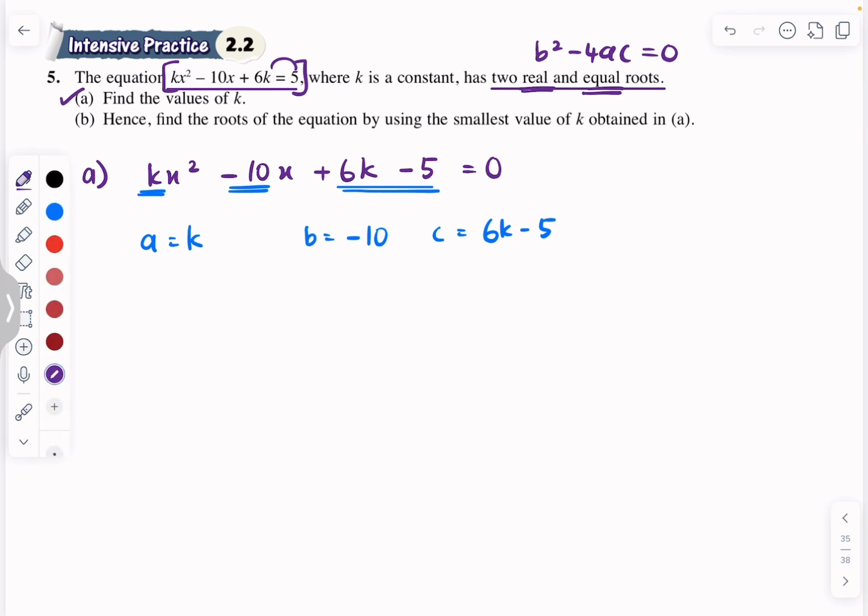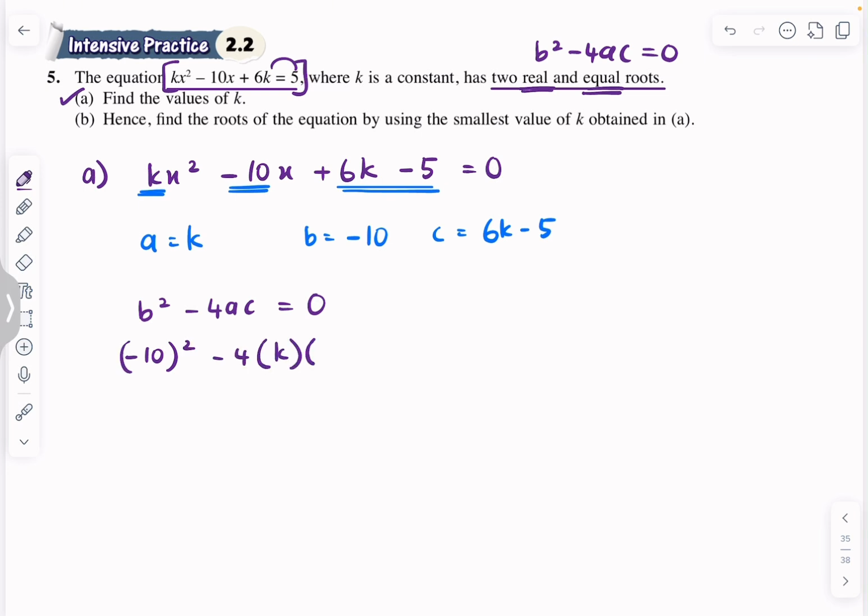Now we can put it back into the equation. So b squared minus 4ac must equal 0. So negative 10 squared minus 4ac equal to 0. So 10 squared is 100.